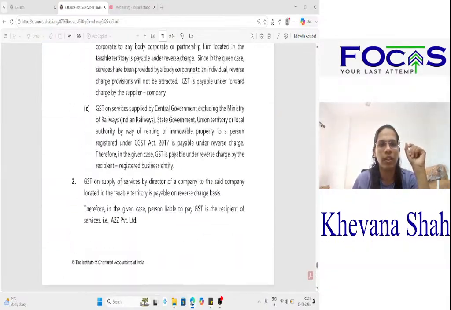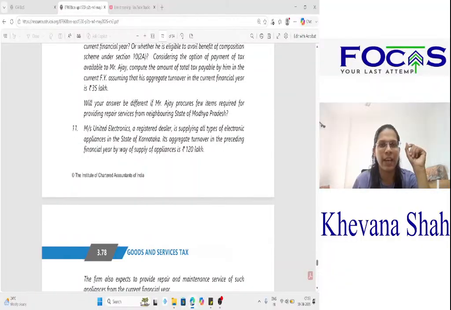Now next, what they have asked in the same question is whether your answer will be different if Mr. Ajay procures a few items. See, he is getting supply inwards; he is not providing supply outwards to other states. So his supply is still in his own state only.